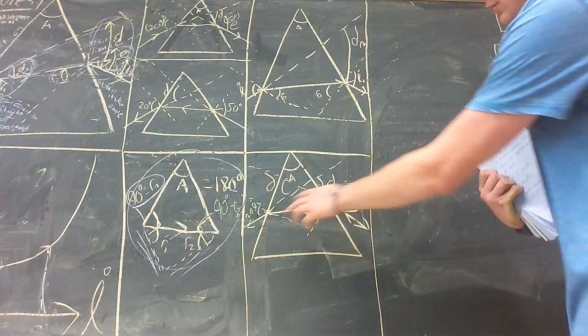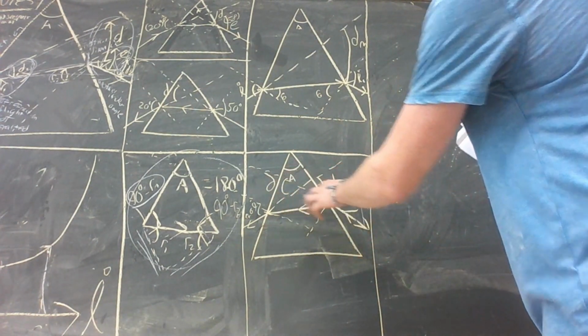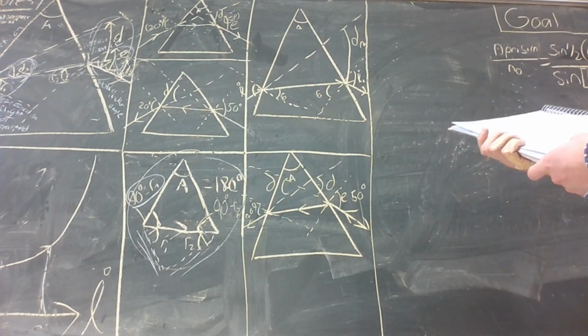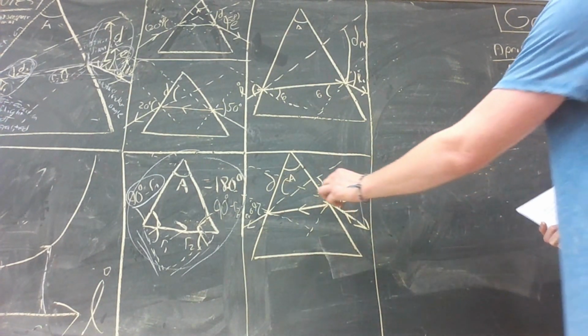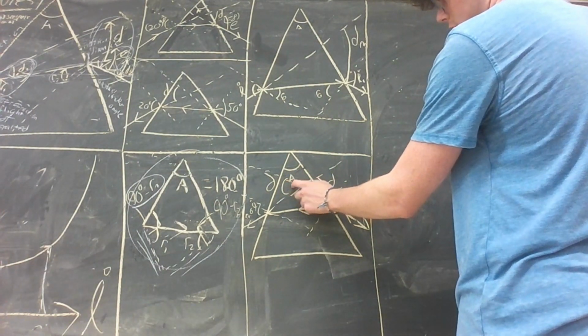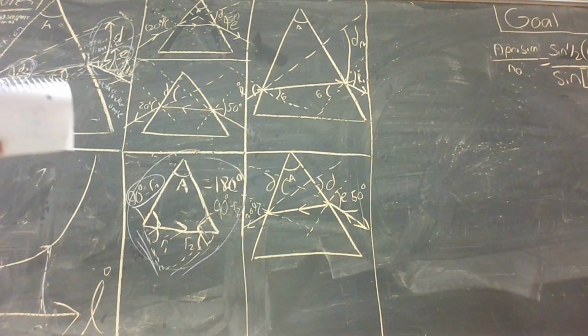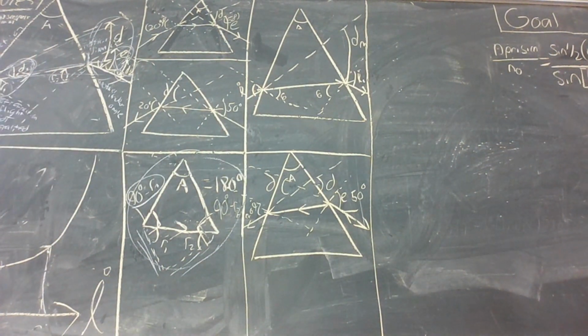So if we have 20 degrees, 50 degrees, it's going to look the same. And these two angles right here are equal to each other, based on Snell's law and the principle of reversibility.